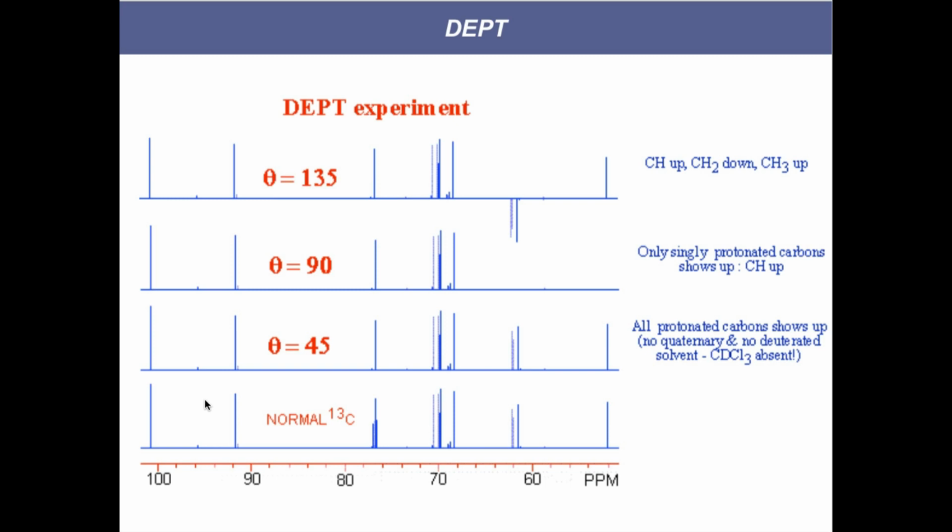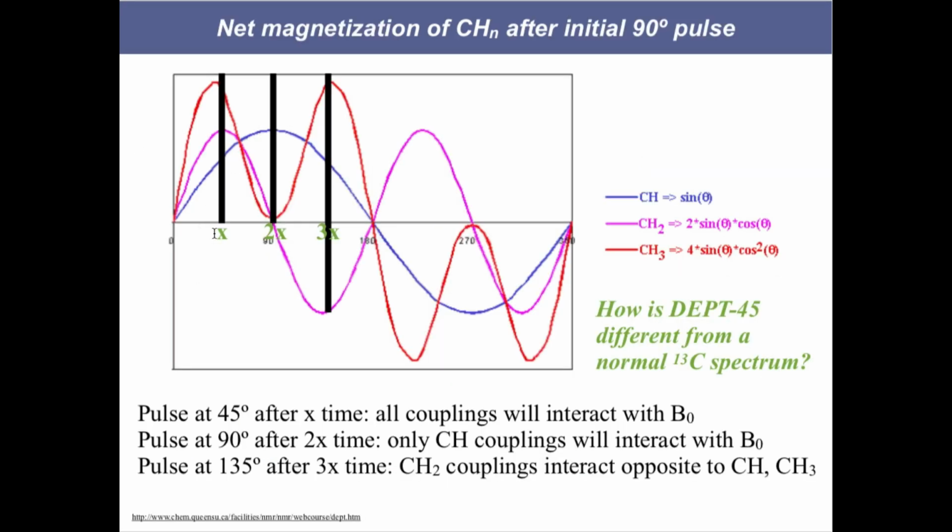If we compare carbon-13 to DEPT 45, meaning that we have pulsed at 45 degree angles after X amount of time to enhance all 3 of our types of couplings. Remember, after X amount of time and 45 degrees, all 3 of our coupling types are polarized, are magnetized.